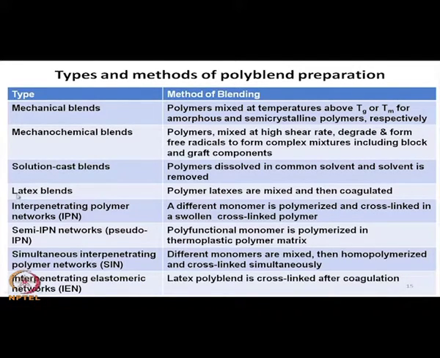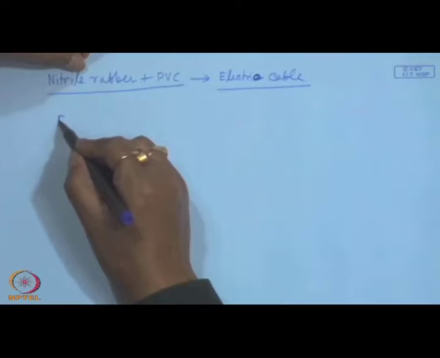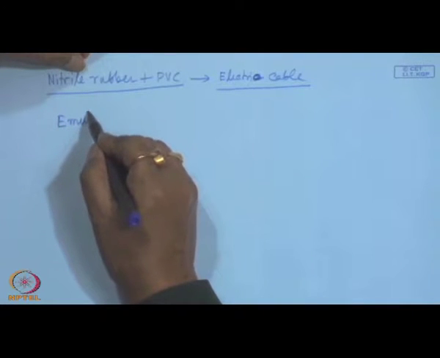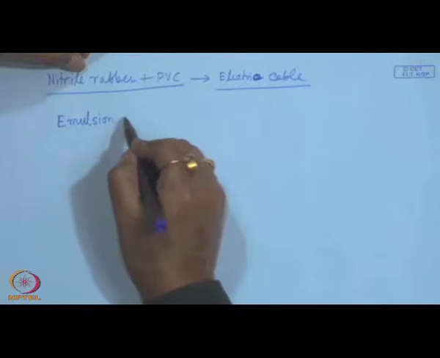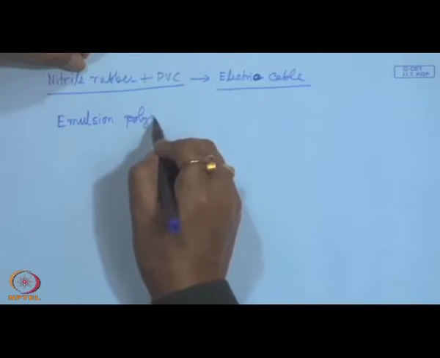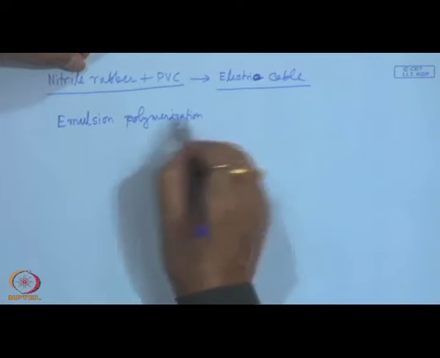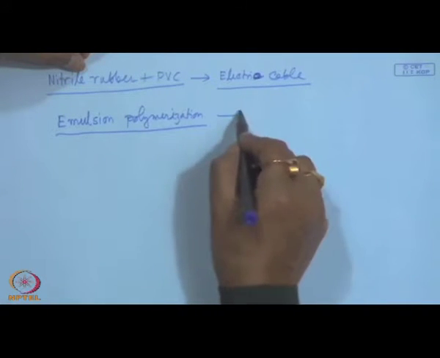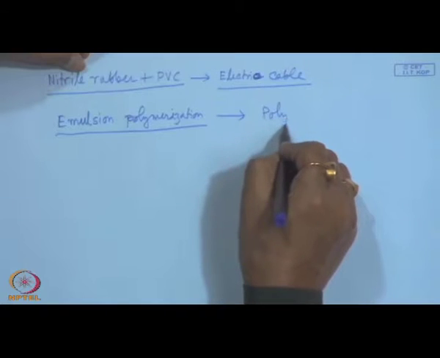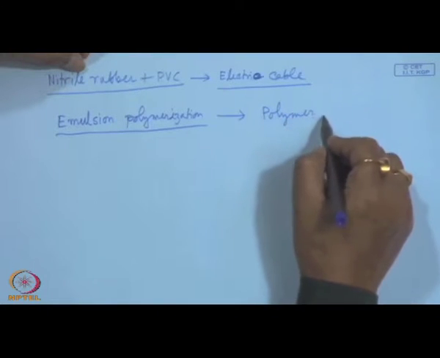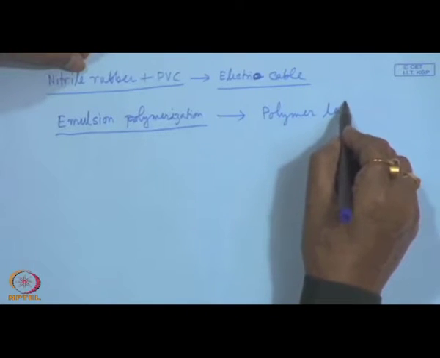Then latex blends. Now, there are certain polymers which are synthesized by emulsion polymerization technique. Now, emulsion polymerization leads to form a polymer latex. Ultimately, the polymer is obtained in the latex form.